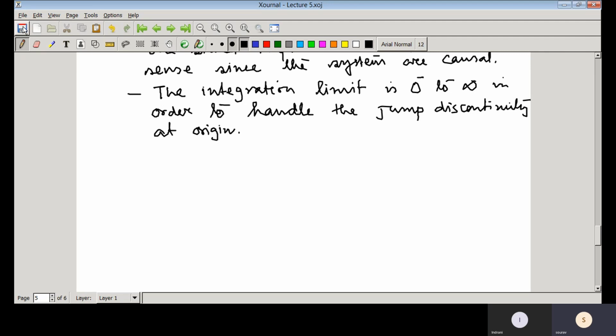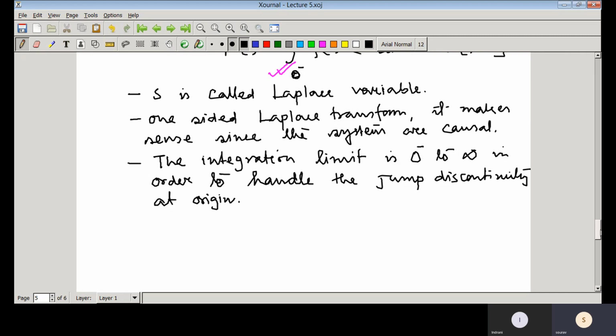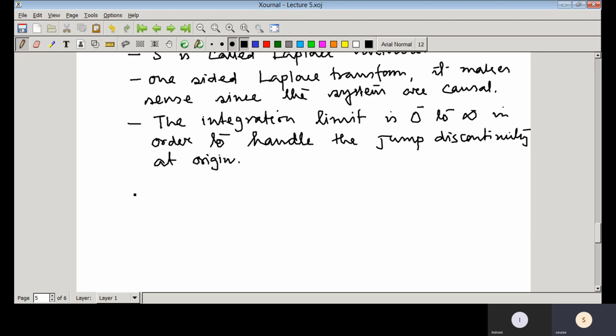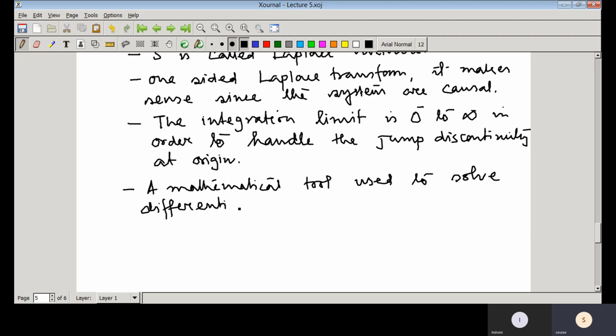And there are some interesting features of that Laplace transforms that we have discussed here. So those things are, this is actually a mathematical tool used to solve differential equation. And this is actually that linear ordinary equation.